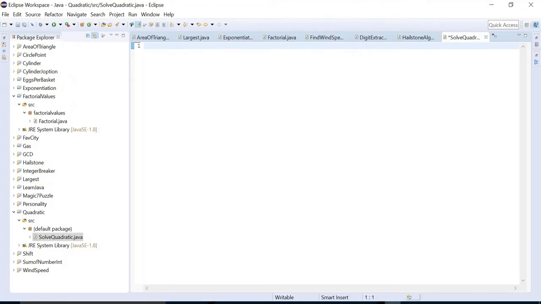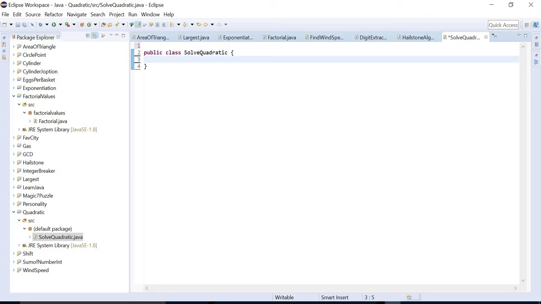Okay guys, so first, what do we got to do? I'm in Eclipse Neon here to do this program. We've got to import. What do we have to import for this? Well, I'm not going to import right now, but when I need to import, I will show you, okay? So guys, the public class I have is called public class solve quadratic.